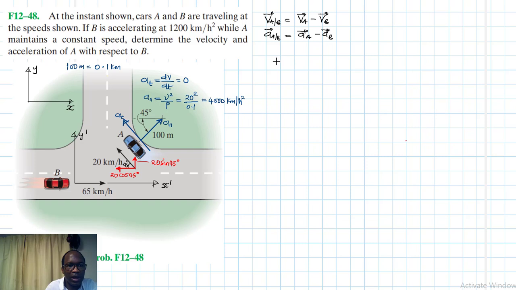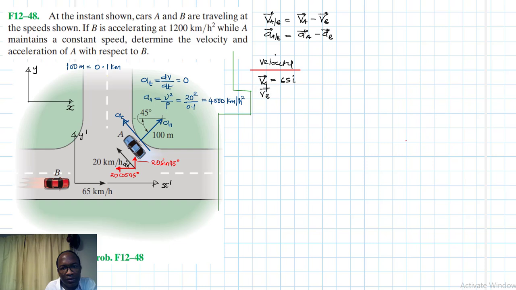Let's start with velocity now. So we have VA is equal to 65 i.